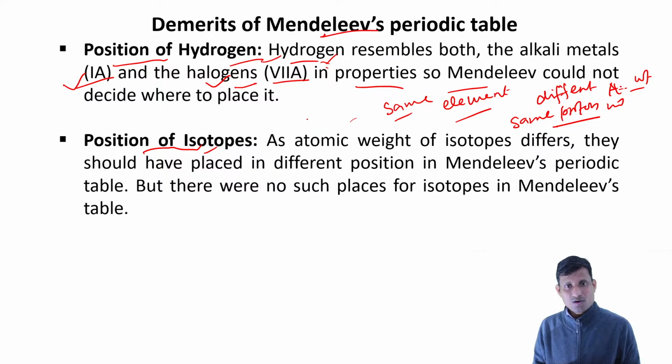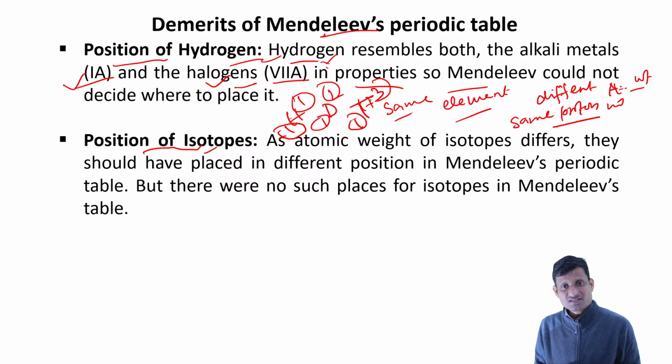We know that hydrogen has three different isotopes: H1, D or deuterium, which is 2, and tritium, which we write as T. These are isotopes where the atomic number is the same, but the atomic mass is different.